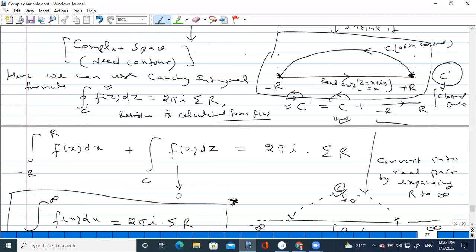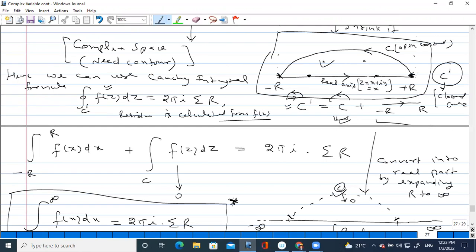Understood? So from here, whatever poles of this f(z) come, either they can be on this real axis or they can be inside this contour. There are two options available. If they are inside the contour, then I can use 2 pi i summation of residues. If they are on the axis, then I can use pi i into summation of residues.